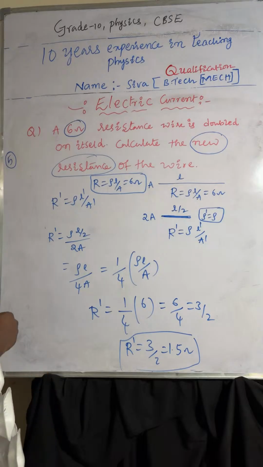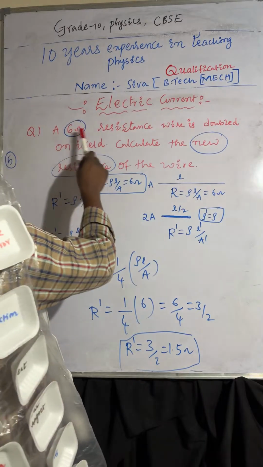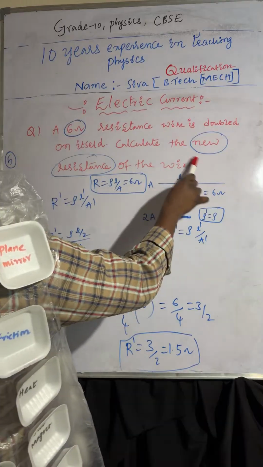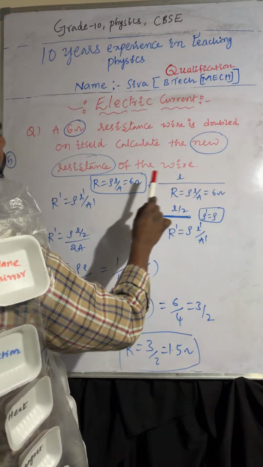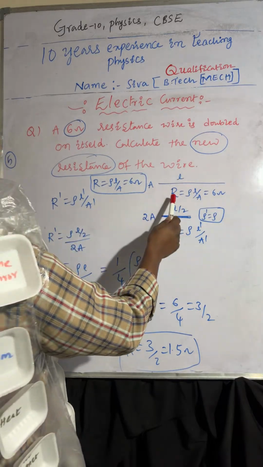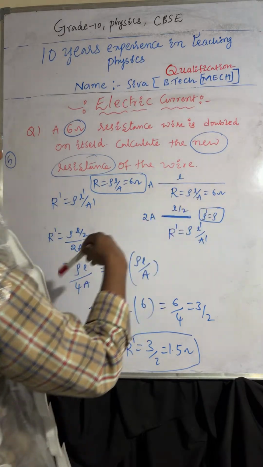Once again, a 6 ohm resistance wire is doubled on itself. Calculate the new resistance of the wire. This is the initial wire, with cross sectional area A and length L. R equals rho L by A, which is 6 ohm.